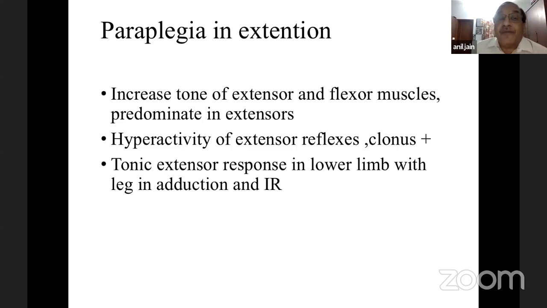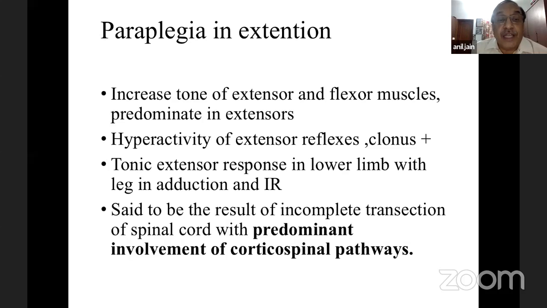So there is hyperactivity of the extensor reflex, and besides that, there will be clonus present. Tonic extensor response in the lower limb is seen. It is said to be the result of incomplete transection of the spinal cord with predominant involvement of corticospinal pathways. So generally, in a tuberculous spine or any other compression, the paraplegia starts with paraplegia in extension.